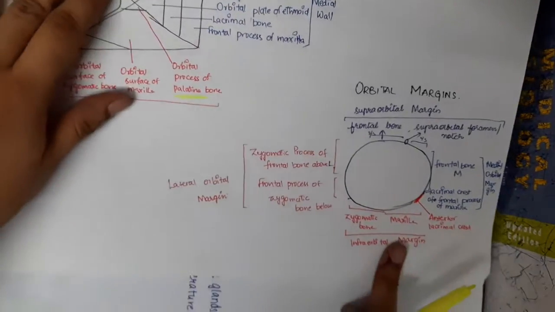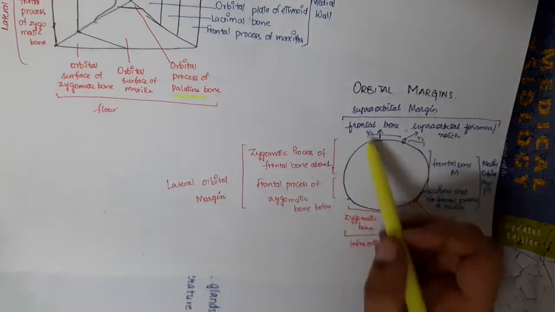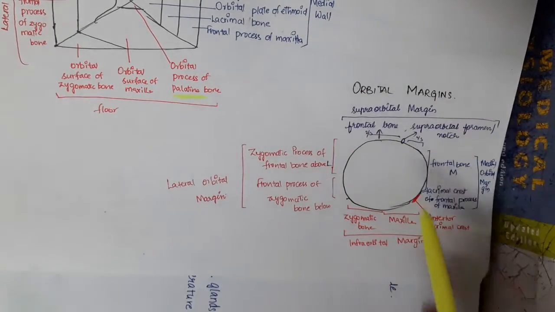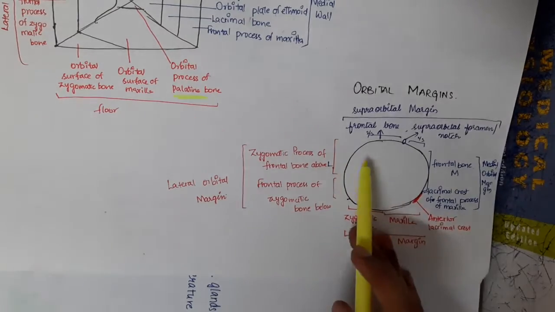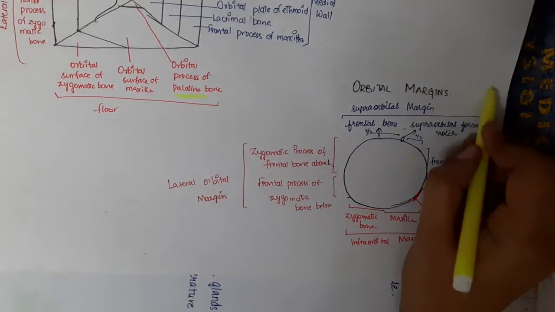Okay, so let me show you my picture. So this is the orbital margin. The supraorbital margin is formed by the frontal bone. Okay, and here there is the supraorbital notch, which is present between the lateral 2/3 and medial 1/3. Then the medial border, this is the medial side.